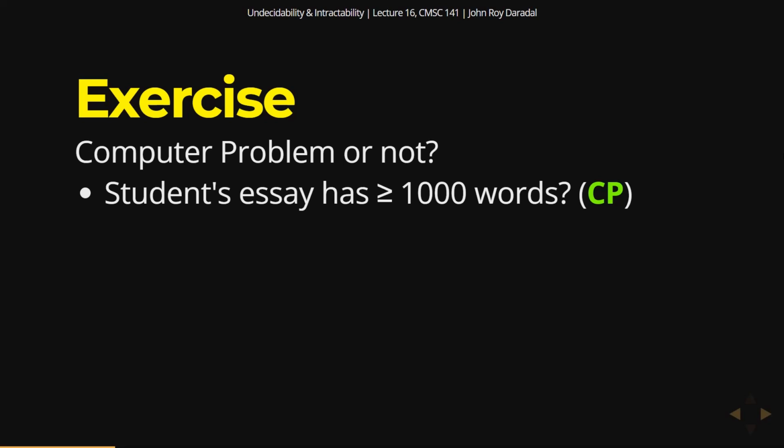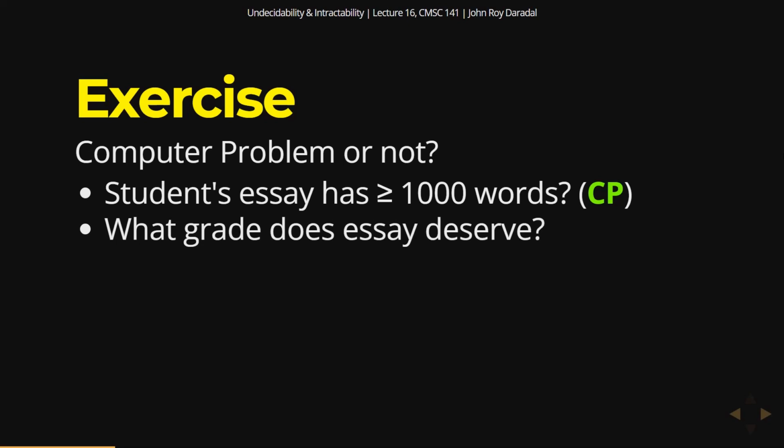A word can be defined as a string of letters that has spaces in the front and at the back, so they are divided by spaces. You can count the number of words, and if it exceeds 1,000, then it's true, otherwise it's false. So this is a computer problem.